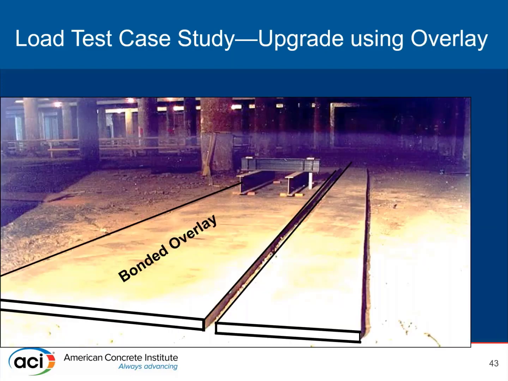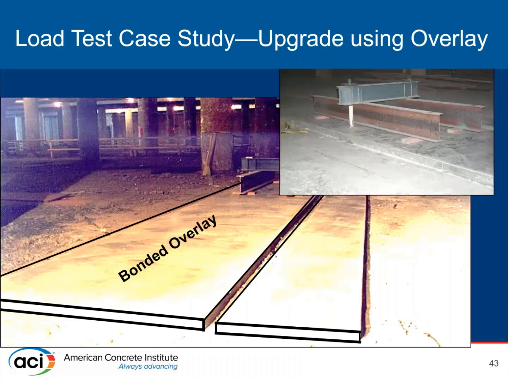And these are the tests where the bonded overlay was installed as part of the repair process. You can see the picture of the similar test setup with the bonded overlay.